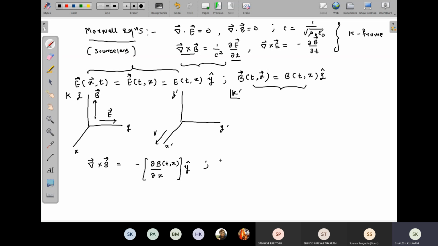Similarly, what will be del E by del T? If you use this form, it will be just del E by del T. It is a function of T and X, I'm not writing that, and it will be Y cap, because this direction is along Y cap.